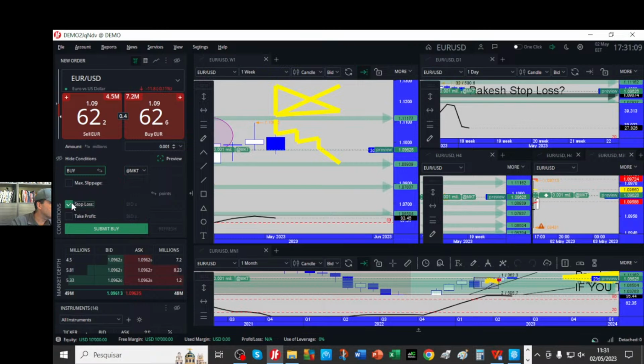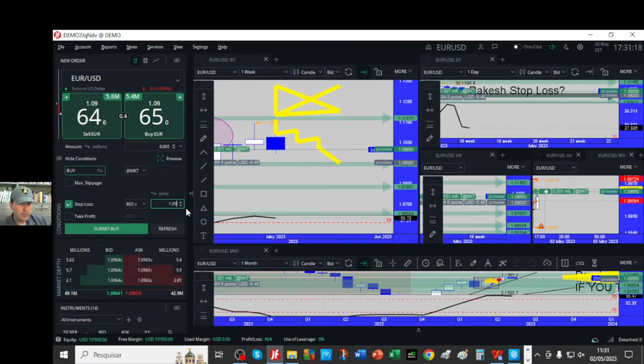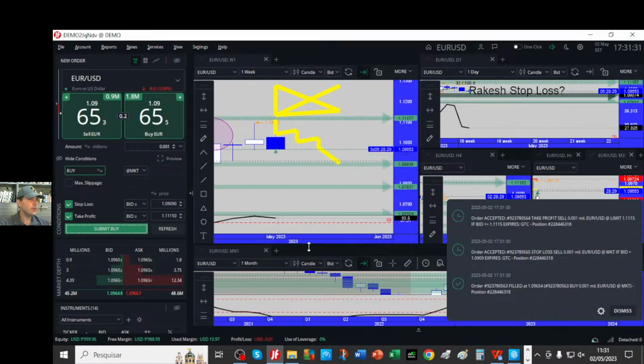Market stop loss is going to be at price 1.0909 and take profit is going to be at 1.1115. Submit. We have one trader. Very good.